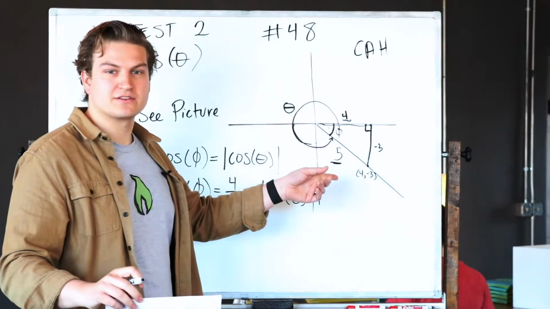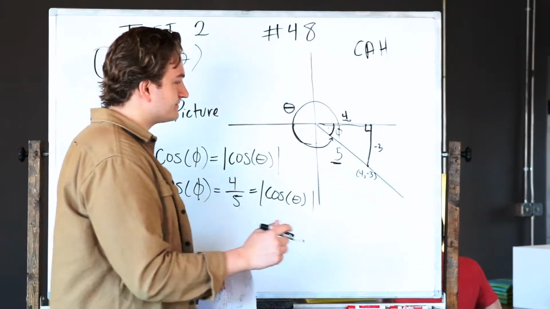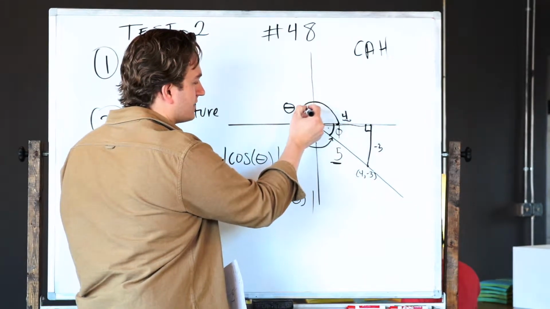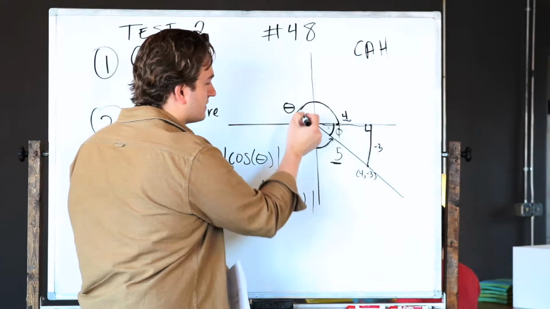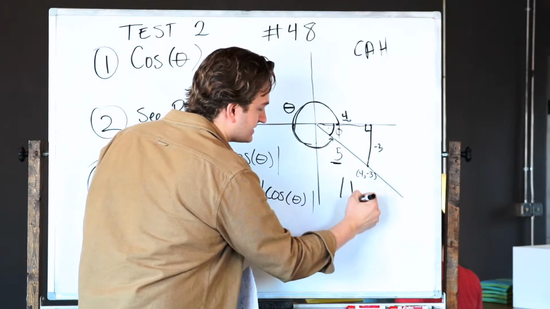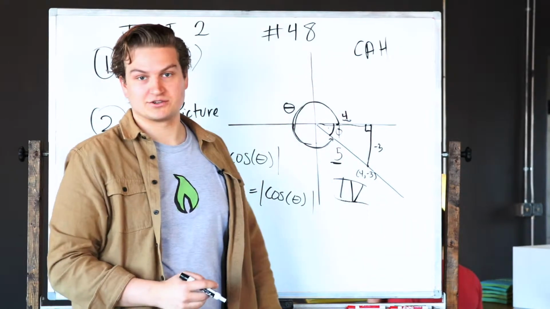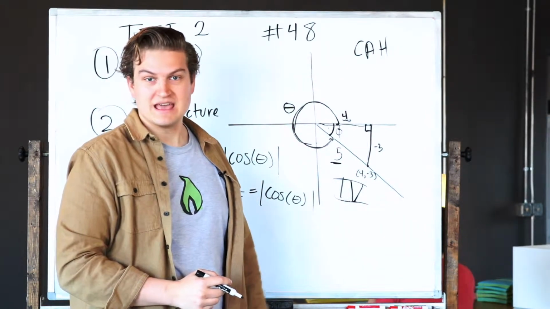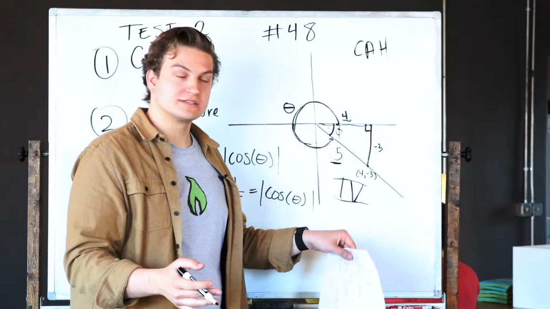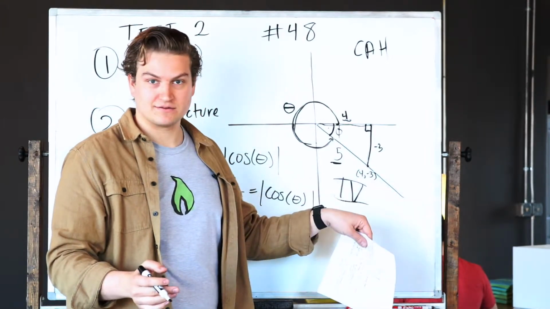Well, let's hop back to our picture here. You'll notice that if we go from here all the way around to here, our angle theta, we end up in the fourth quadrant, okay? And in the fourth quadrant, those of you who know a little bit about trig, cosine is always positive.